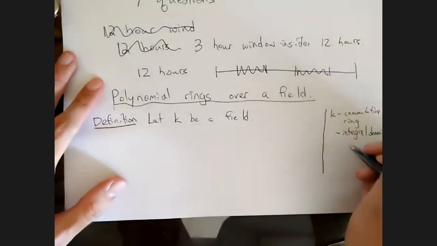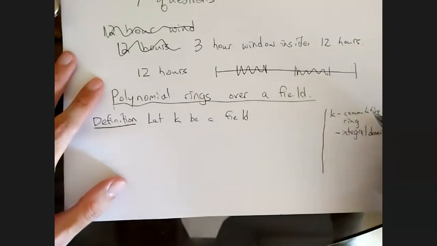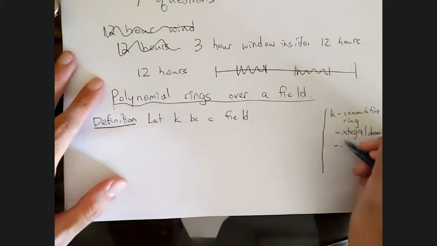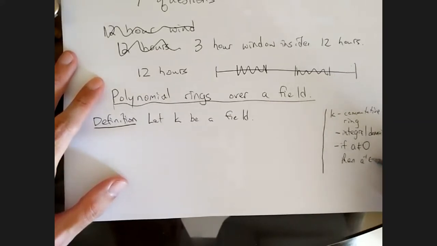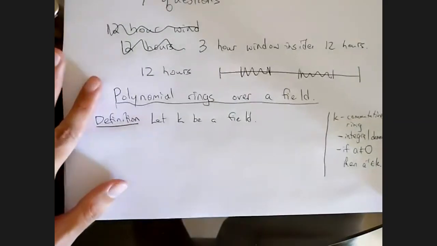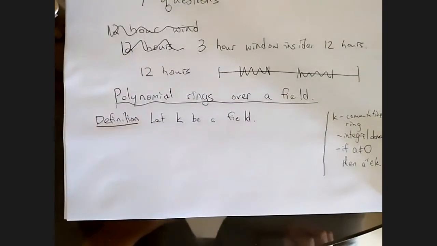But that means if you have a, b equals 0 in K, it means either a is 0 or b is 0. Okay, but furthermore, any non-zero thing has an inverse. So that's what a field is.